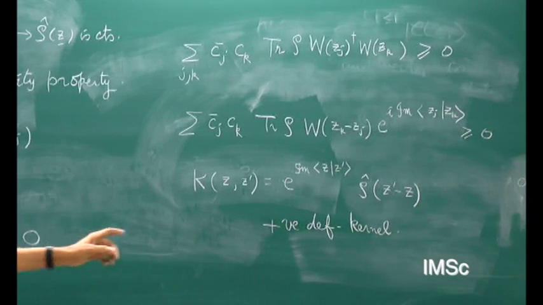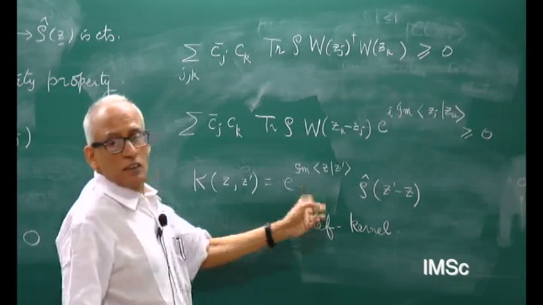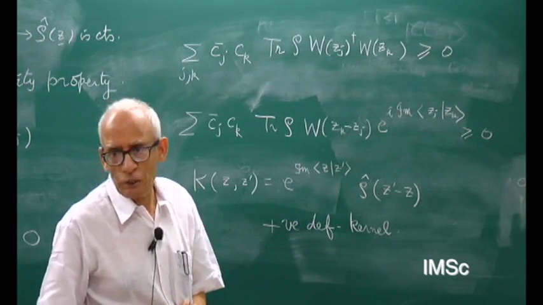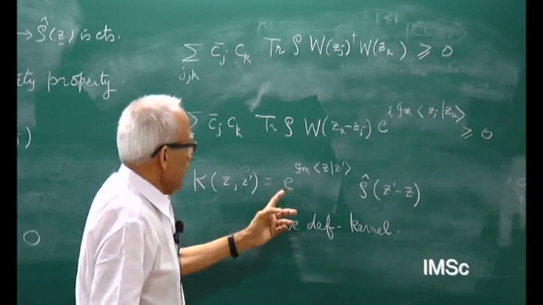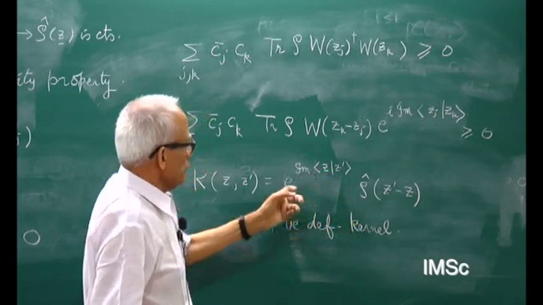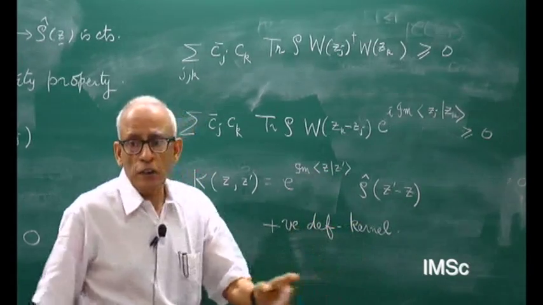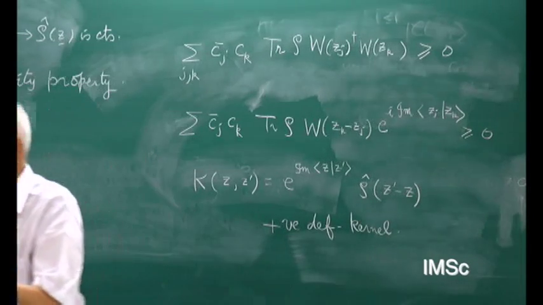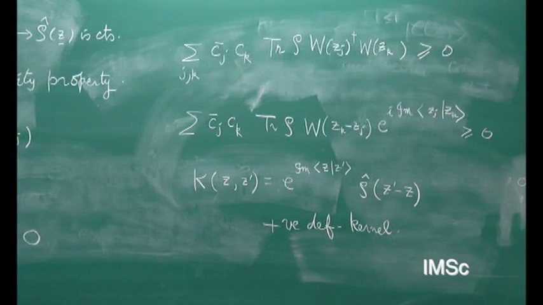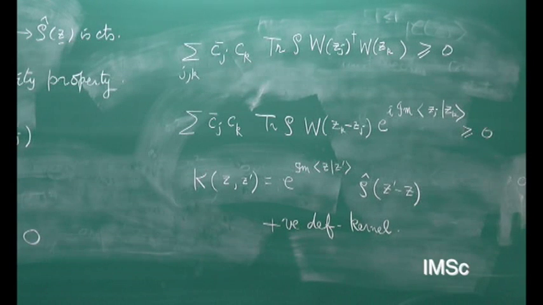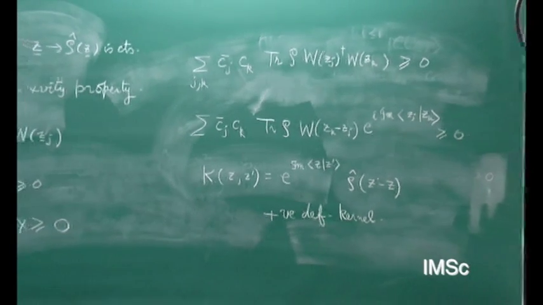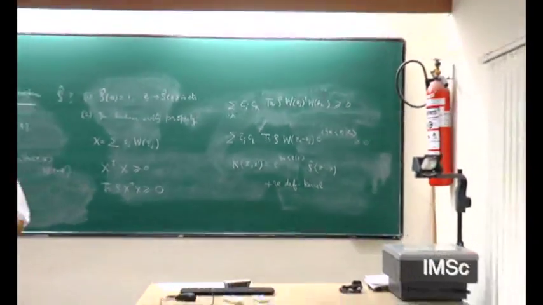But now you have this twist which comes here, and this kernel should be positive definite. If it is a quantum Fourier transform of a state, this property should be fulfilled. And the quantum Bochner theorem is that its converse is also true.